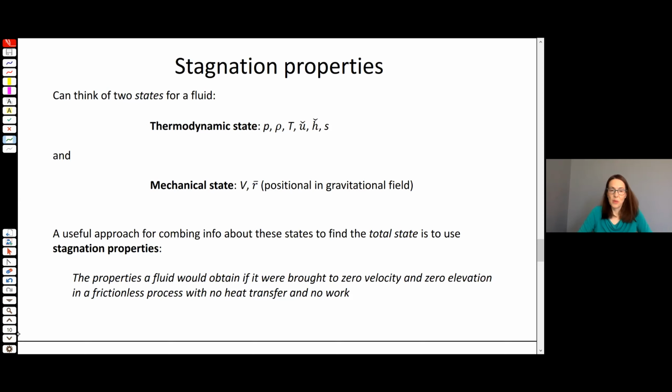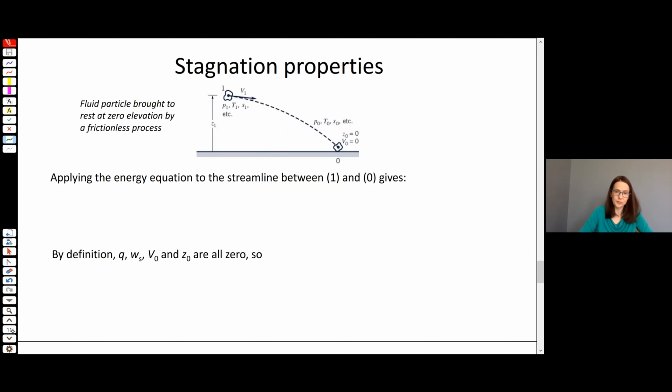So what are stagnation properties? Imagine that a fluid were brought to zero velocity and zero elevation, like a snowflake falling on the ground, in some sort of frictionless process. You don't do any work on it to make it do that, and you don't transfer heat to or from the system. It just comes to zero elevation and zero velocity, and you measure the properties there. Those are the stagnation properties. We've got a little visual of this at the top of the page. Here's a little fluid particle in state 1, zooming along with velocity v1.